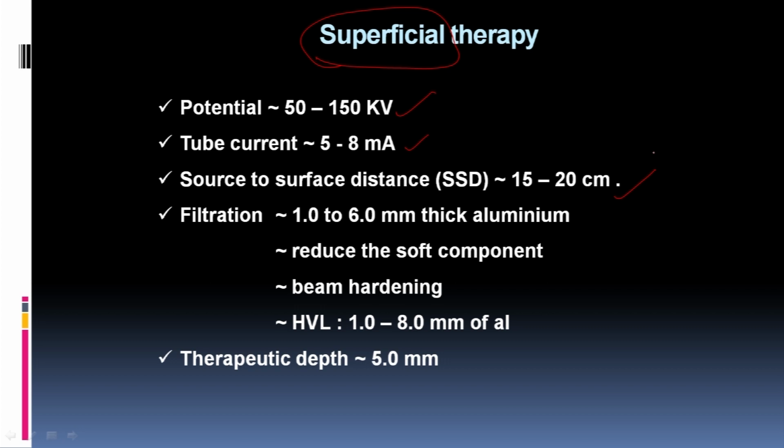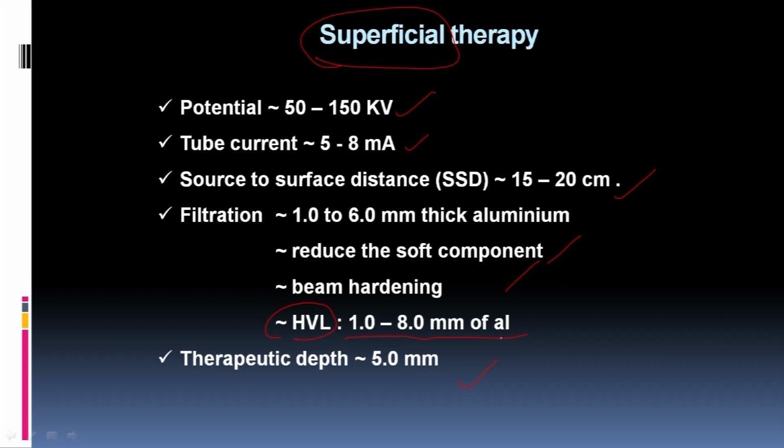Now in superficial therapy, we use filtration of 1 to 6 millimeter thick aluminum, whose purpose again is to reduce the soft component and harden the beam, and to achieve the beam quality of HVL, half value layer, of 1 to 8 millimeter of aluminum. Here the therapeutic depth is 5 millimeter. These superficial units are able to treat targets up to 5 millimeter depth.